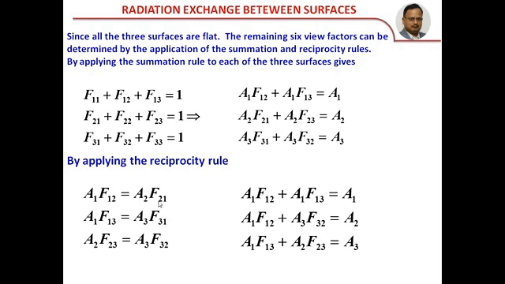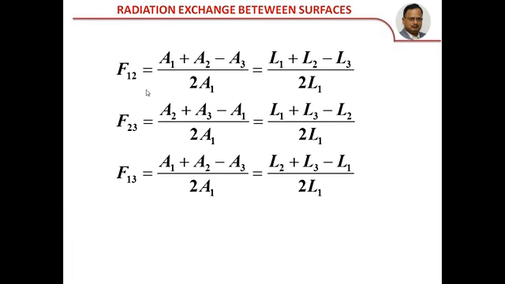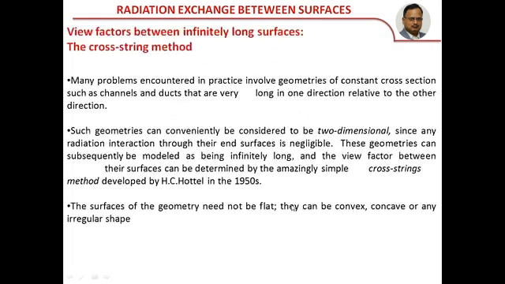So by substituting these values in these equations, replacing the A1 which we know, and solving these three algebraic equations, you will get F12 is equal to (A1 plus A2 minus A3) by 2A1, where A1 is L1 into infinity, or L1 into X, so that X in both numerator and denominator gets cancelled. You will get (L1 plus L2 minus L3) by 2L1 as F12. Similarly for F23 and similarly for F13.